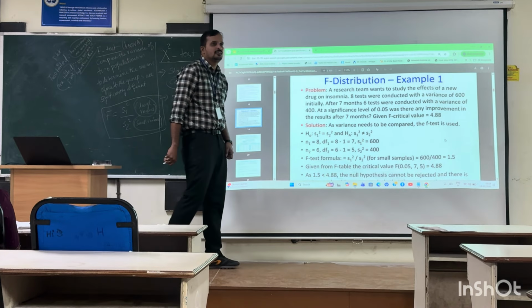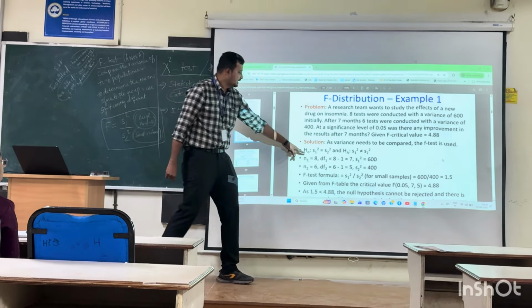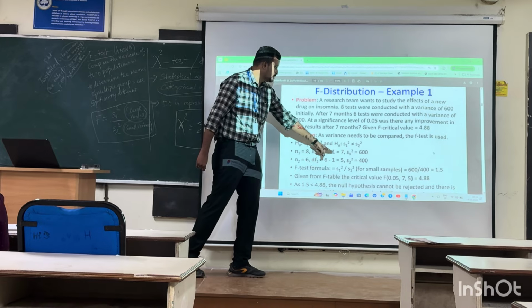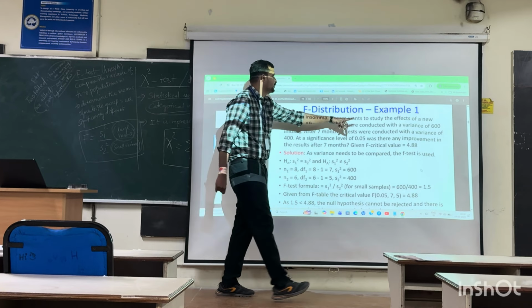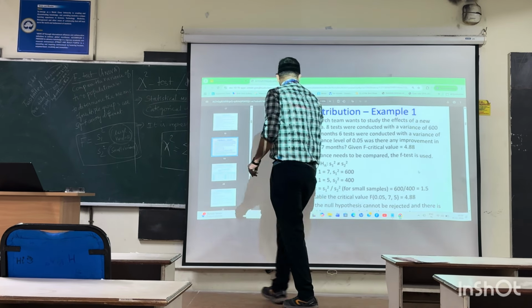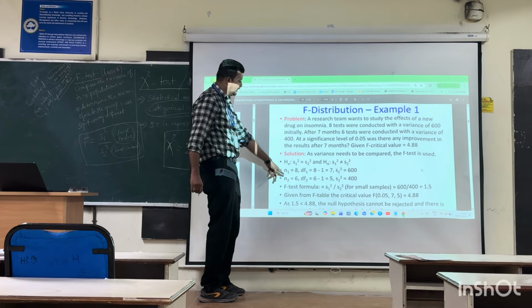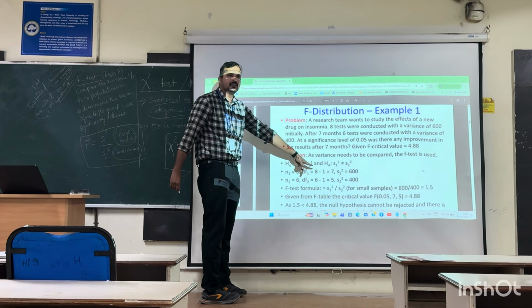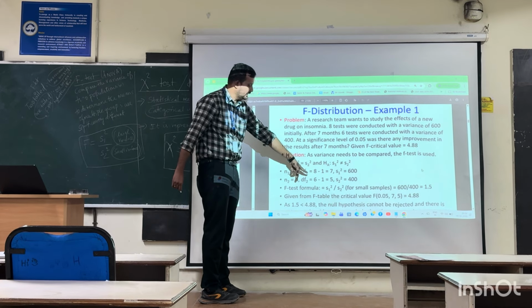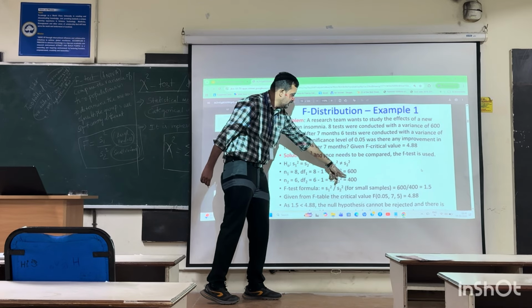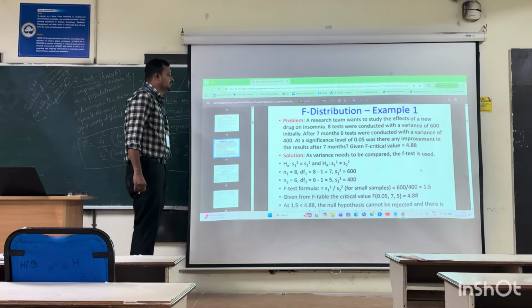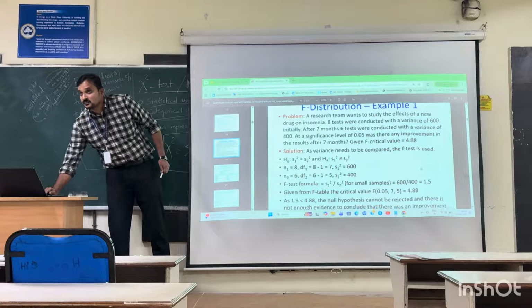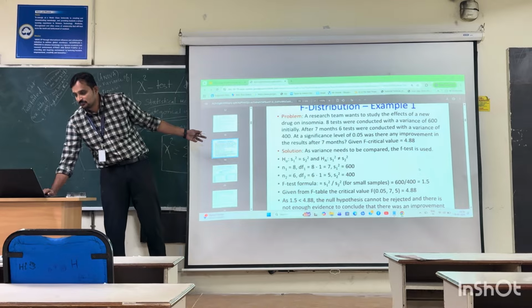Here the number of tests is 8, so DF1 is equal to 8 minus 1, which is 7, and S1 square is equal to 600. Next, after 7 months they conducted 6, so DF2 is equal to 6 minus 1, which is 5, and S2 square is equal to 400. We substitute in the F test formula, S1 square by S2 square.